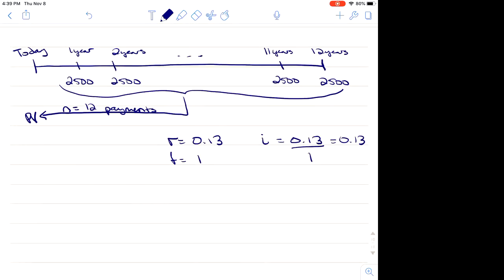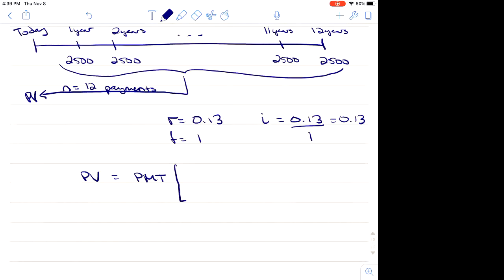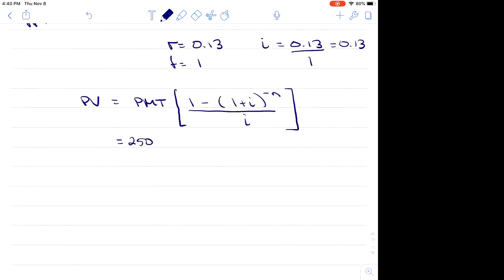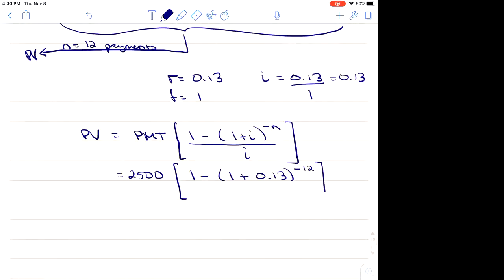Okay, so our present value formula on our formula sheet is the PMT, the 2,500, times 1 minus 1 plus I to the negative N, all over I. So we've got 2,500 times 1 minus 1 plus 0.13 to the negative N, which was 12, over 0.13.